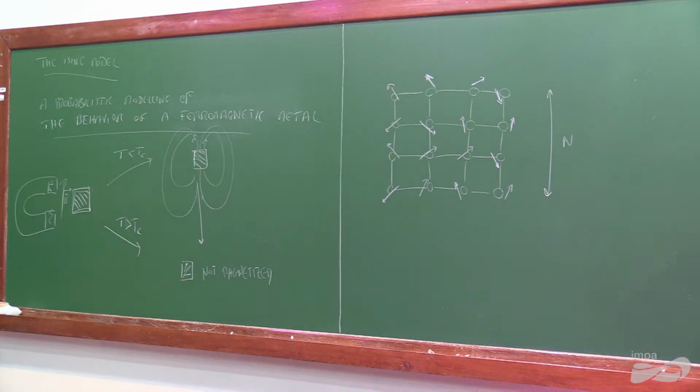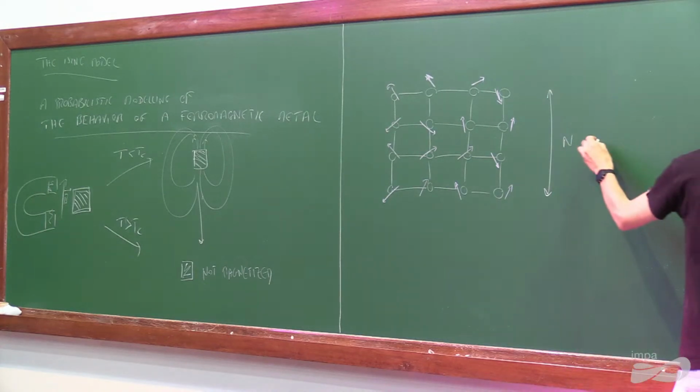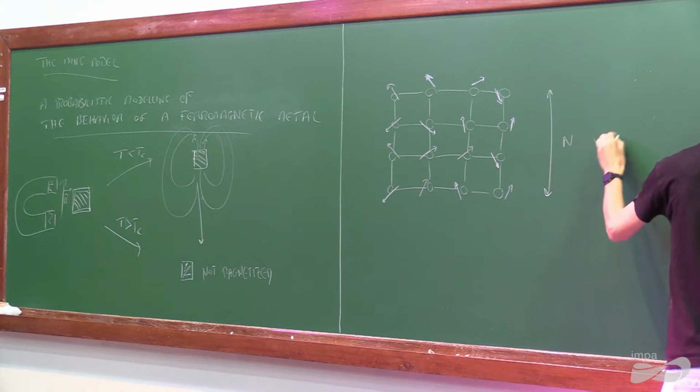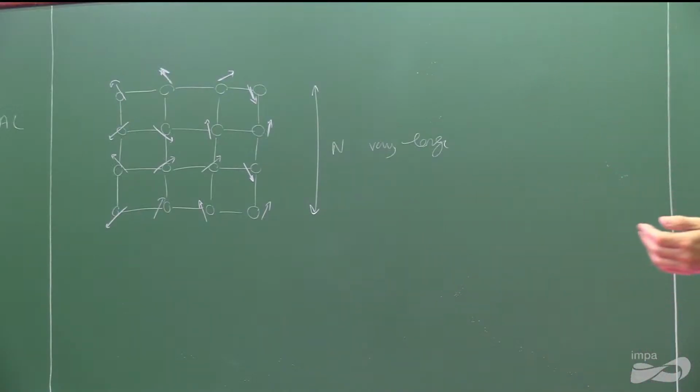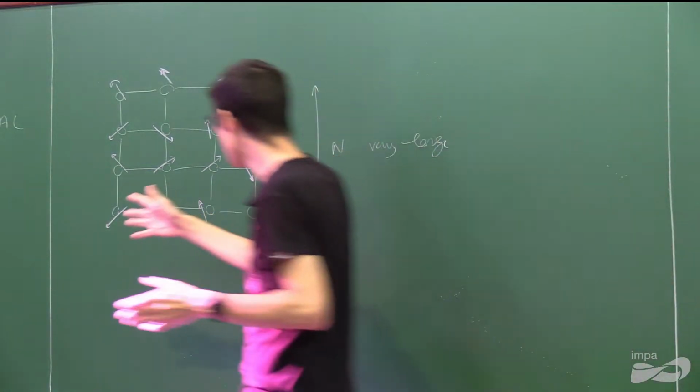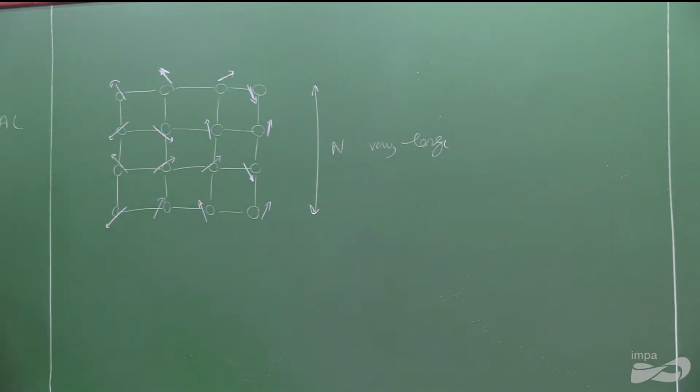The size of our lattice will be large. So for this reason, we are going to study things in the limit when n goes to infinity. Okay, what we are going to look at is really a probability on the set of configurations for those dipoles and for the orientation of those dipoles.